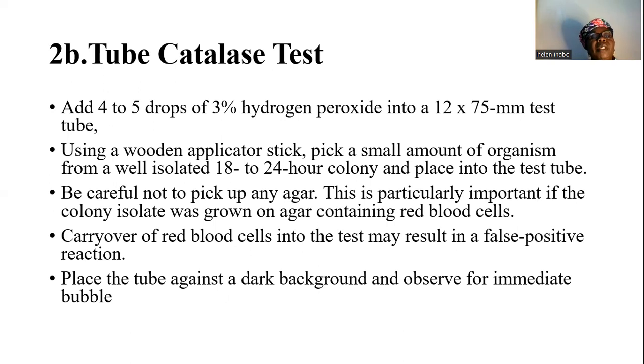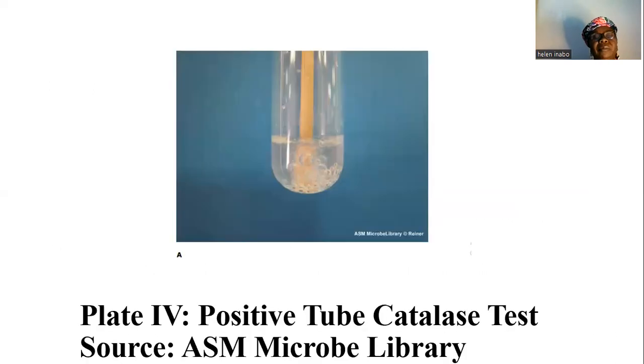It is also important not to pick any agar, particularly blood agar. This is important because the isolate grown on agar containing red blood cells or blood agar may give a false positive reaction. Now, the tube should be placed against a dark background and observed for immediate bubble formation.